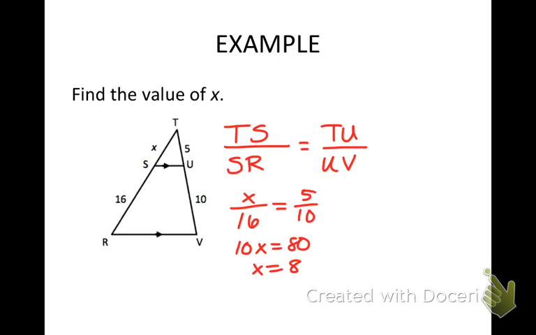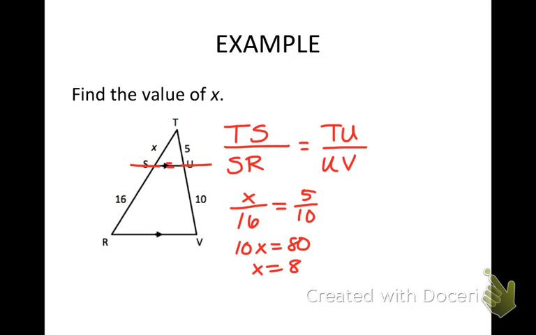Now, the reason why I'm saying write it as you see it: what do you see x physically over top of? 16. So if you think about it as turning that into a fraction equals that as a fraction, you just write it as you see it. X over 16, 5 over 10.